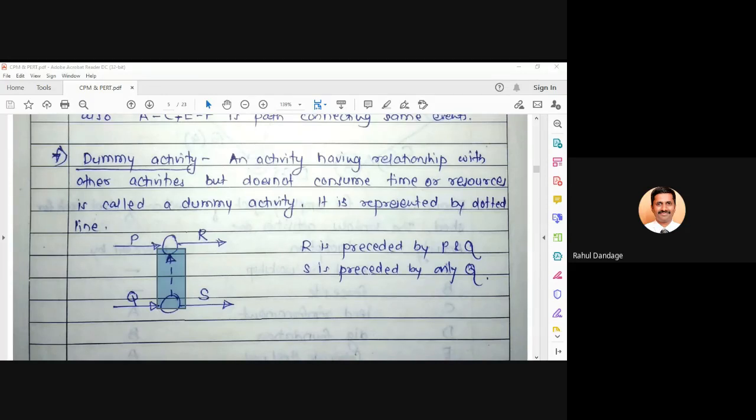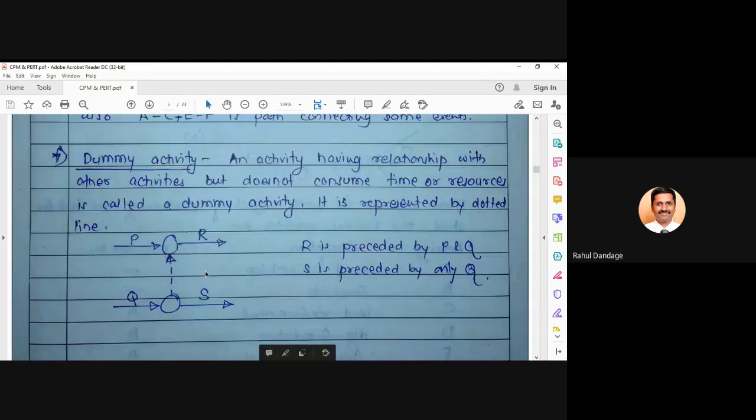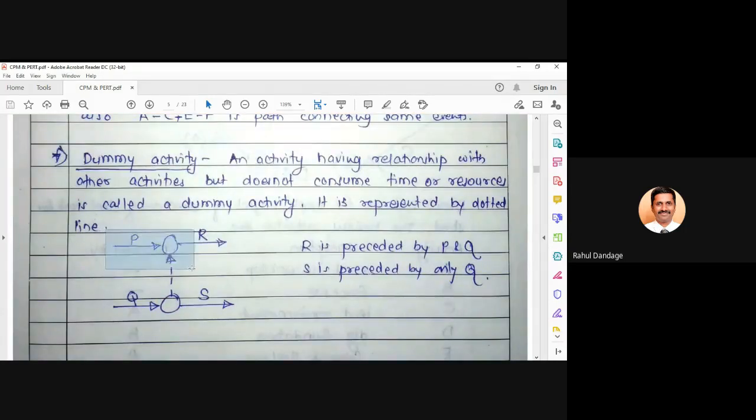So now you can see in this particular case, this diagram indicates that for R activity, the predecessor activities are P and Q, or R is preceded by P and Q, and S is preceded by only Q. It is not having any relationship with P activity. Have you understood the concept of dummy activity?